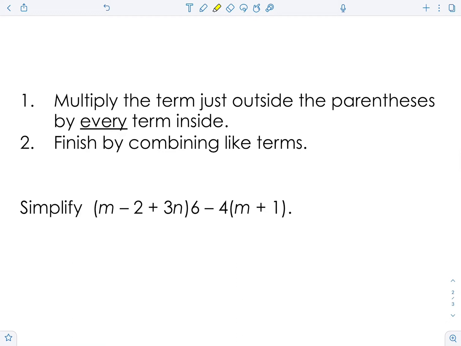All right, so what about this type of problem here? What rules will we follow? Well, first, in this situation, we're going to multiply the term just outside the parentheses by every term inside of the parentheses. And then finally, we're going to finish this particular problem by combining like terms.